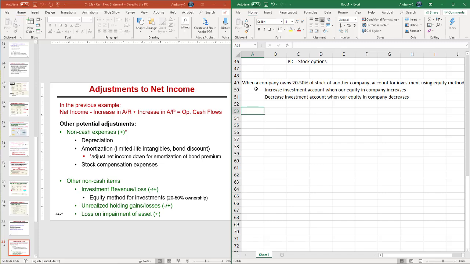So for example, let's just say we own 30% of the stock of Google. And we have a significant influence over them, so we'll use the equity method. All right, and then let's say in a year, Google reports net income of 100 million.